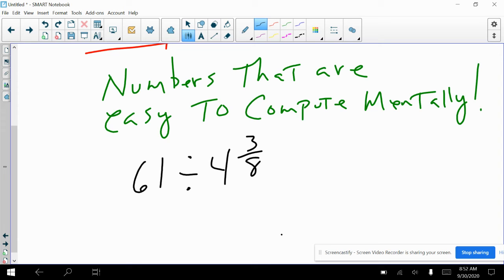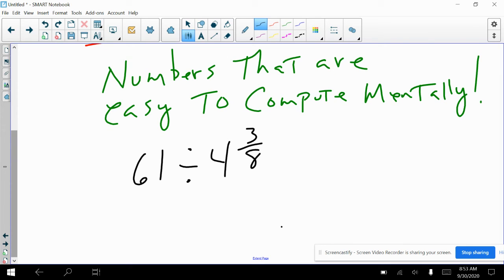Now, we're not dividing that. That's crazy talk. Okay, but what do you want to change so you can easily do these in your head? Ryan, what are we going to change 61 to? Yes, I would agree. Okay, we can change the 4 into 5. How many 5s go into 60? 12.